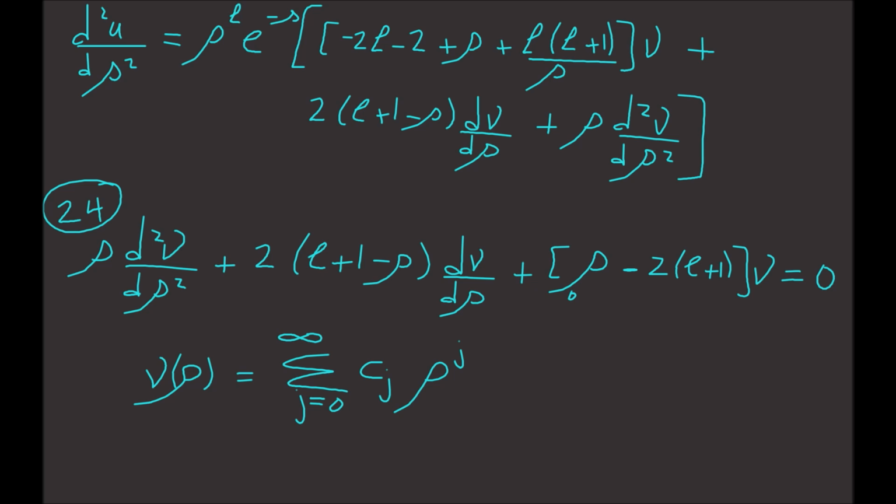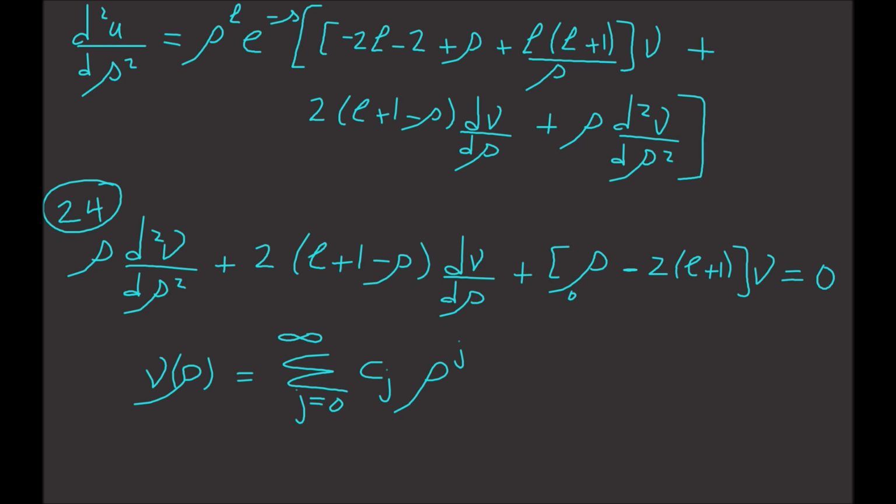And if it works, good. If it doesn't work, we have to try something else. So this is nu. In order to see if this equation is true, we're going to have to take one derivative and also a second derivative and plug them back into equation number 24. If this equals 0, you got it. Your assumption is correct. Of course, there might be other solutions, and there are, but these solutions don't make any physical sense.